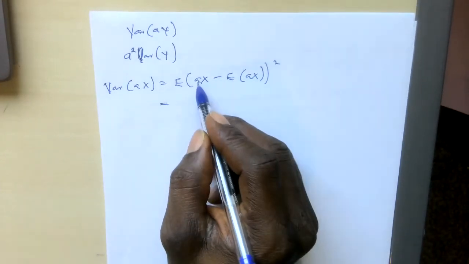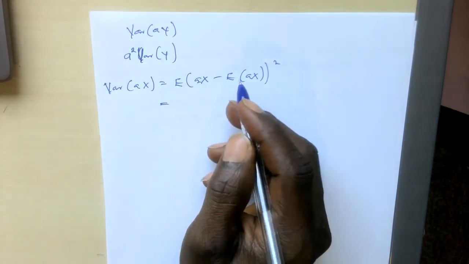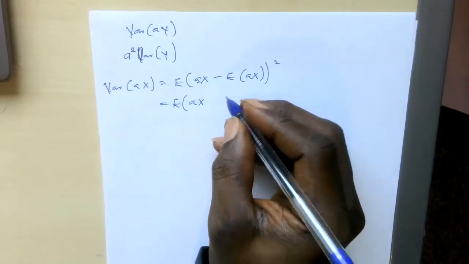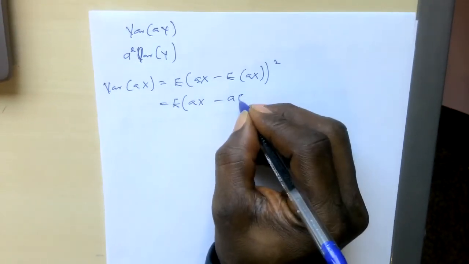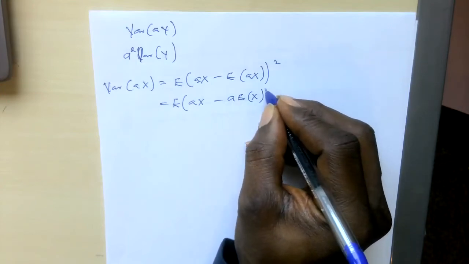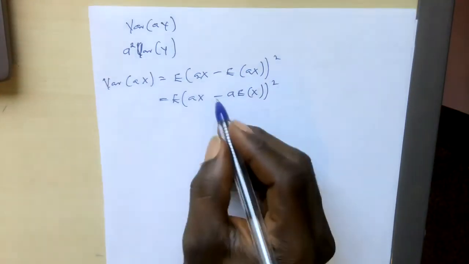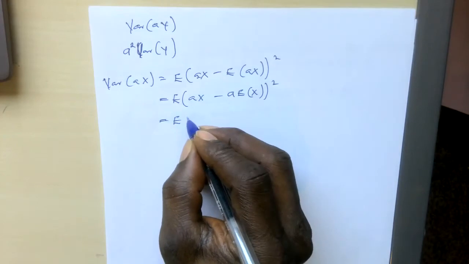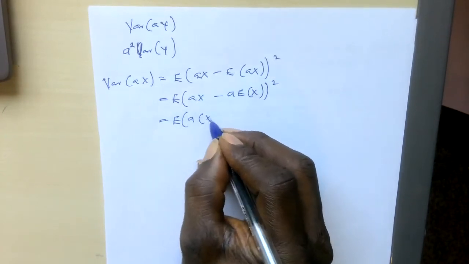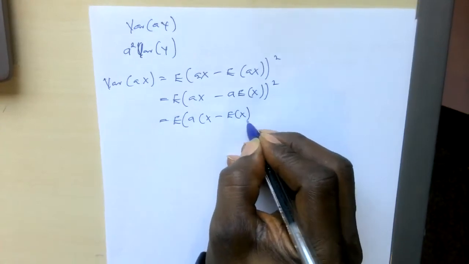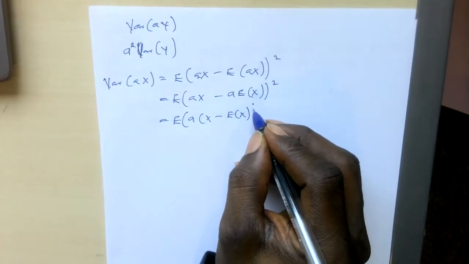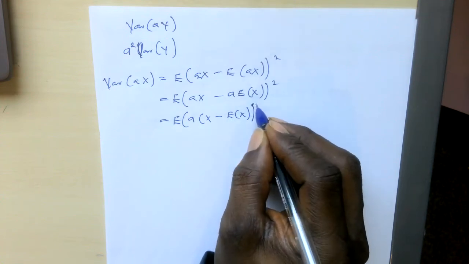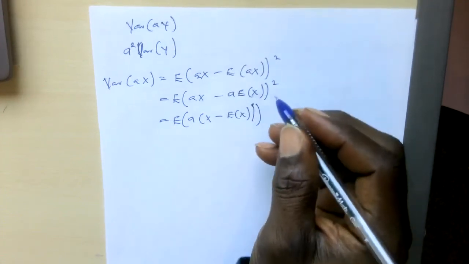We have a here and a here. So we have the expected value of ax minus a times the expected value of x, all squared. Then you can bring out the common a, so we have a times x minus the expected value of x, in this square.